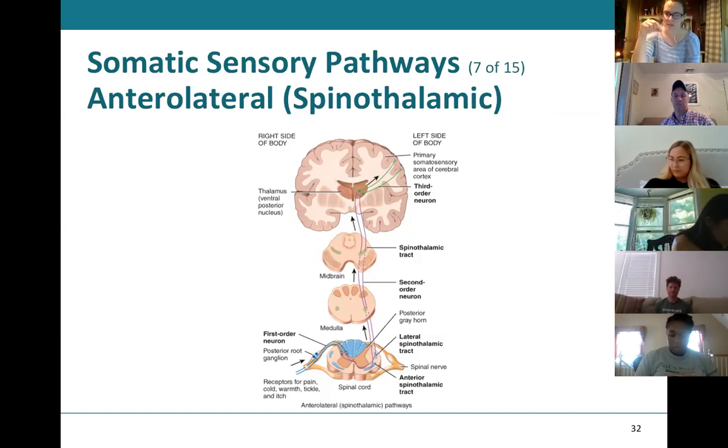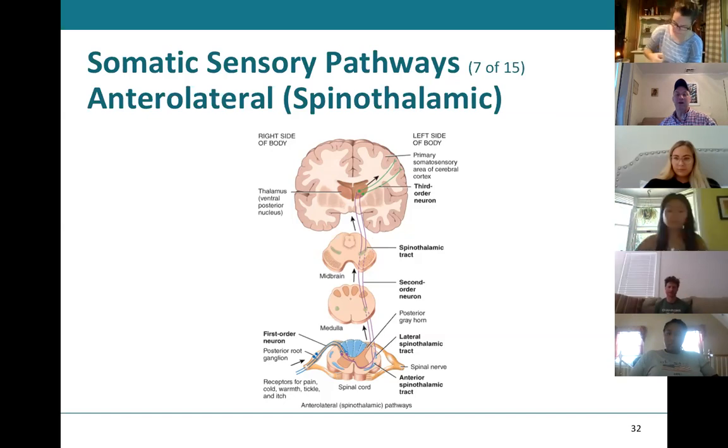A lot of things happen in the second order neuron. In fact, a way to think about it, Amy, is that when you're trying to learn the distinction between these pathways, you're asking yourself: where has decussation occurred? And is there a name of a location in either the medulla or the midbrain that I need to know? Because the thalamus so far has been the same, right? Cool.